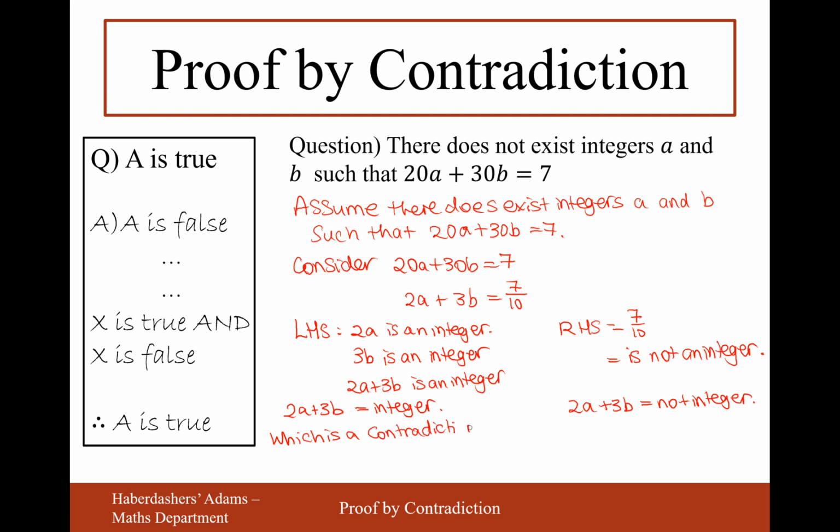So the statements that led us to this contradiction must be false. The assumption that a and b exist is false, so it's a double falsehood, so therefore the original statement must be true. So therefore, there does not exist a and b. And there we are, that's the answer to that question. So let's move on to the next one.